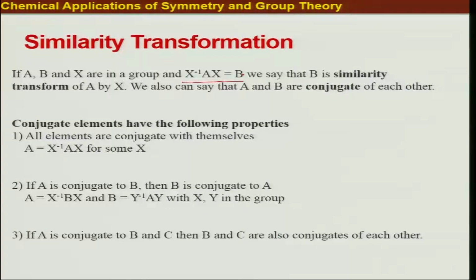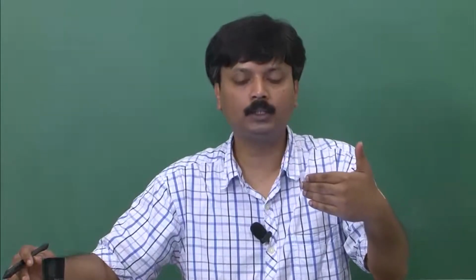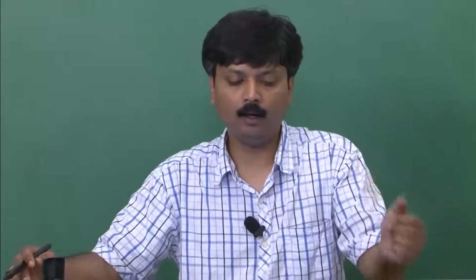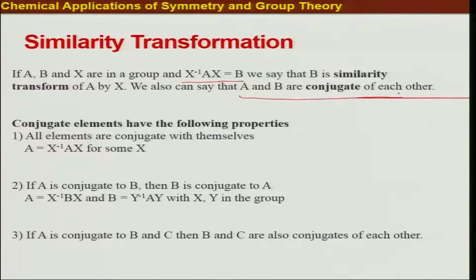Then we say that B is the similarity transform of A by X. Similarly, if we have another element Y belonging to that group such that Y inverse B Y equals A, then again B and A are similarity transforms of each other. When two elements belonging to a group are related through a similarity transformation, we call them conjugates of each other. So here A and B are conjugate of each other.